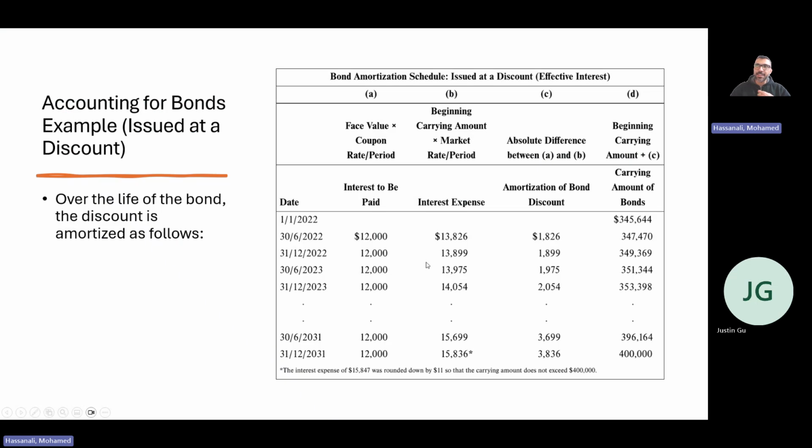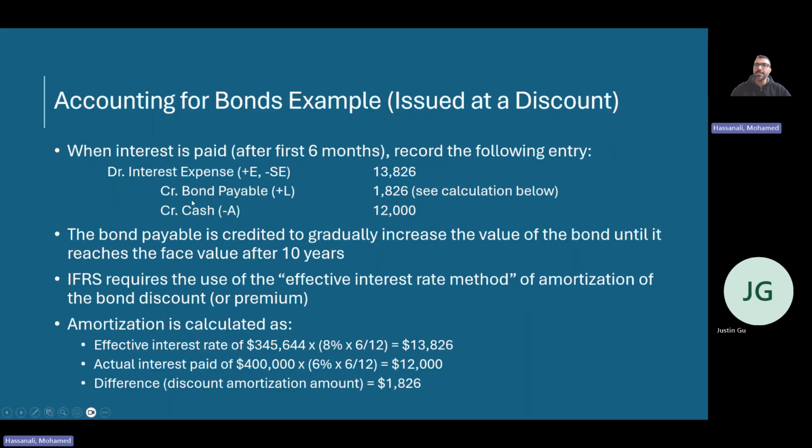In this slide, it shows you how it goes from 345 all the way to 400,000. The difference will keep going up with time, because the carrying value of your bond, where you start with 345 to calculate the effective interest, is increasing each time you make an interest payment.